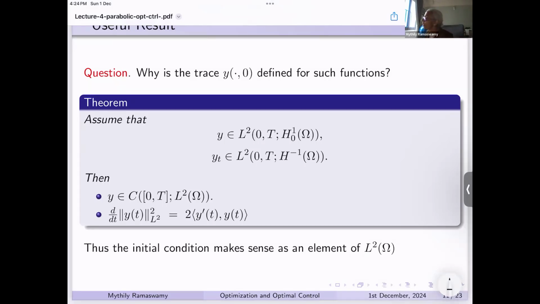If you have some regularity for the derivative, then you can expect the trace at the point t equal to 0 to be defined. So if y is in L2 H1_0 and y_t, the time derivative, is in L2 H^-1, then your function y becomes a continuous function of time taking values in L2 of omega. So this will help me to define what is the value of y(0), and that will be an element of L2 of omega. So this initial condition makes sense as an element of L2 of omega.